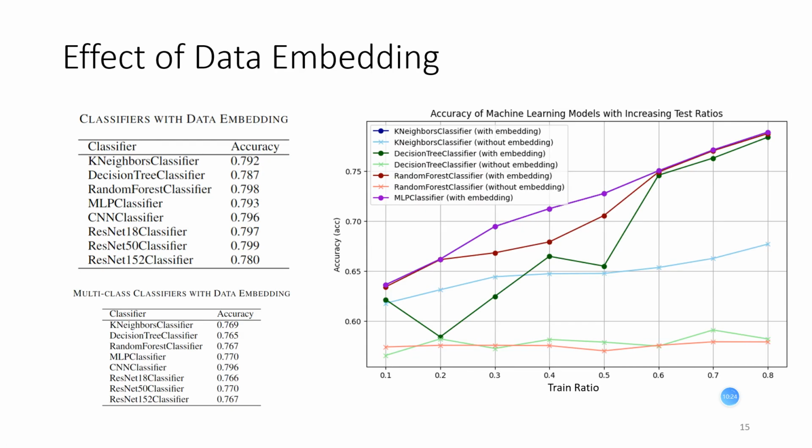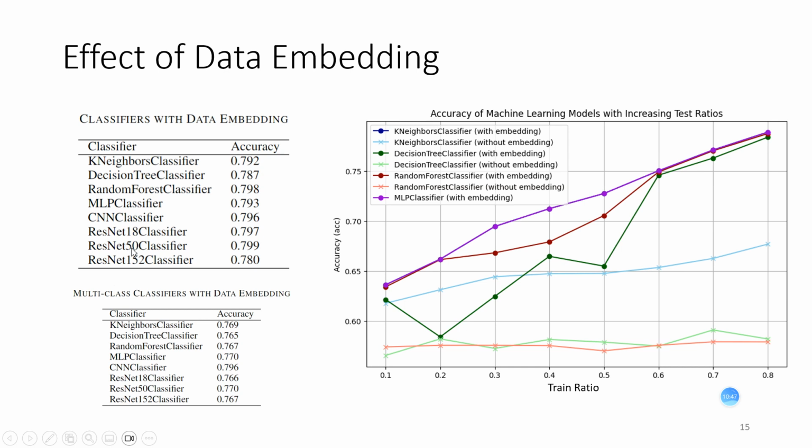Now I want to talk about the effect of the data embedding and the training ratio. Now we use the models with data embedding. This is the binary classification. We find that the KNN gives us the best result, close to 80%.